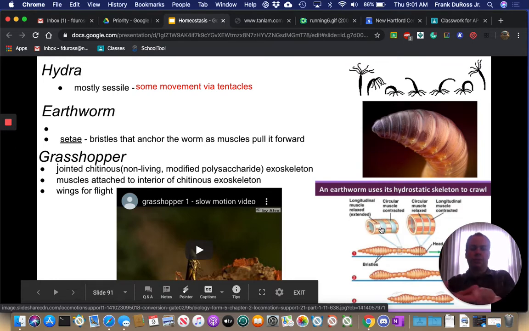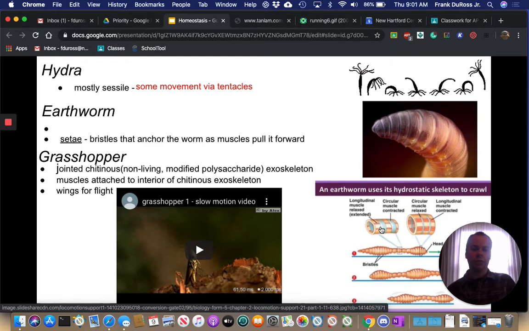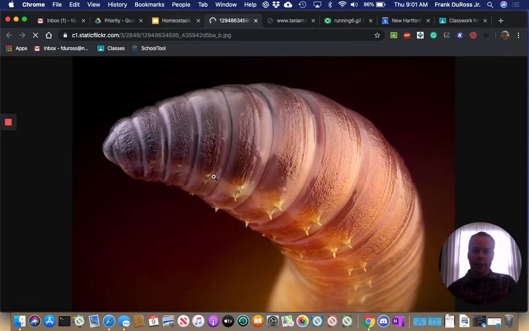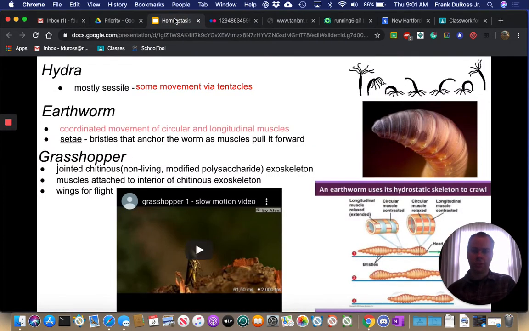So they inch forward using those muscles. And they have these tiny little bristles, hair-like things that you can see here, that help them grasp onto the surface that they are moving through. So the work of those muscles together allows them to pull themselves along through the ground.